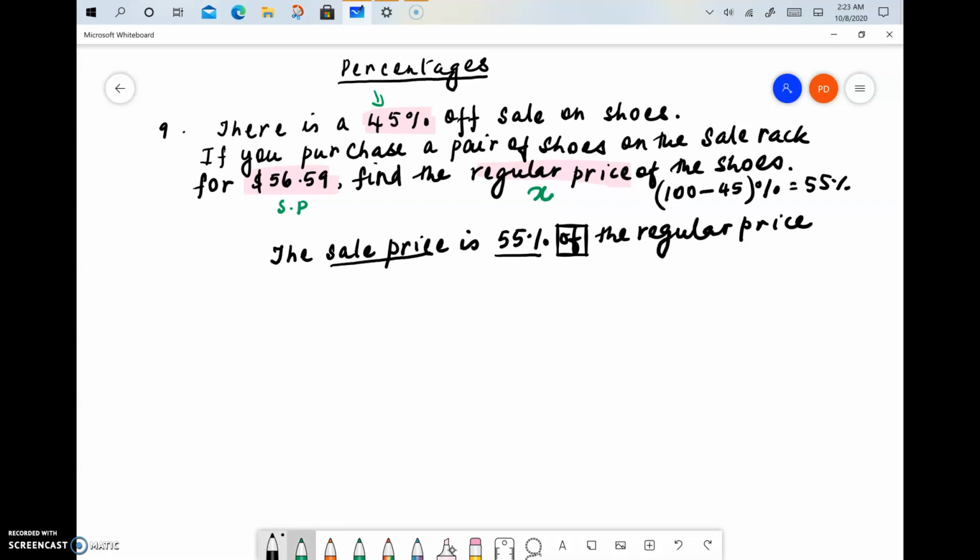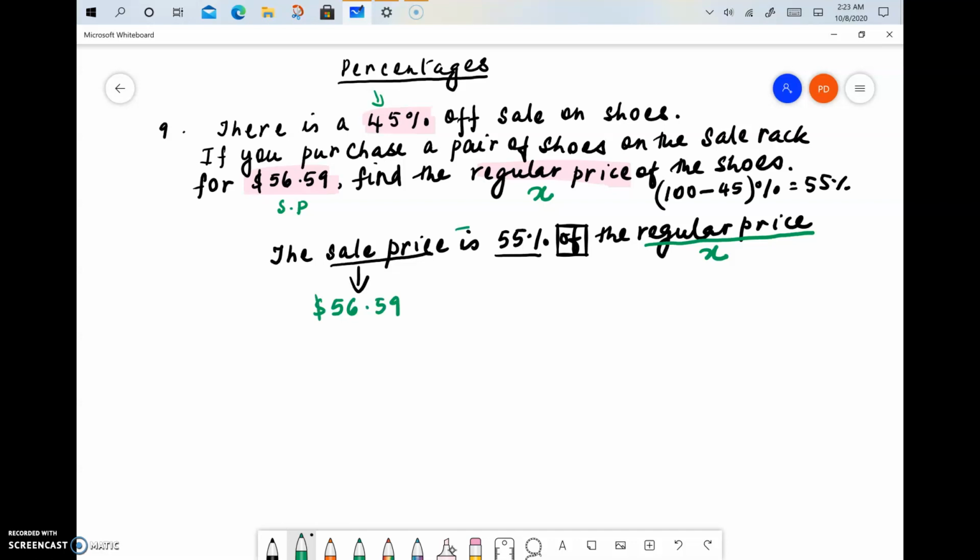Now we don't know what the regular price is, so we're going to call that X. So the sale price is, we know what it is, $56.59.